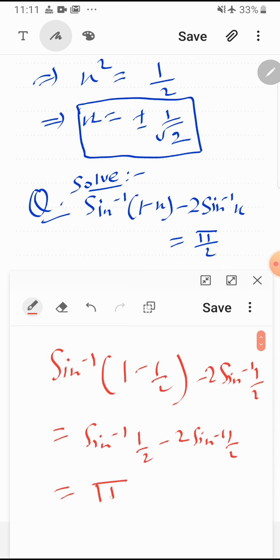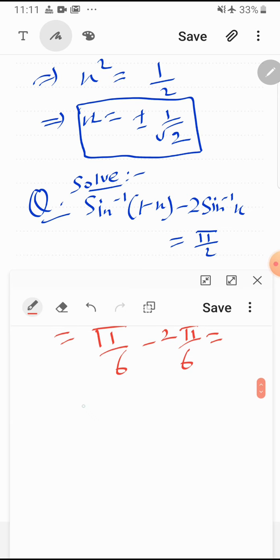It is pi by 6 minus 2 into pi by 6, or pi by 6 minus pi by 3, or minus pi by 6, which is not equal to the right hand side, which is pi by 2. So half is actually not satisfying the equation.